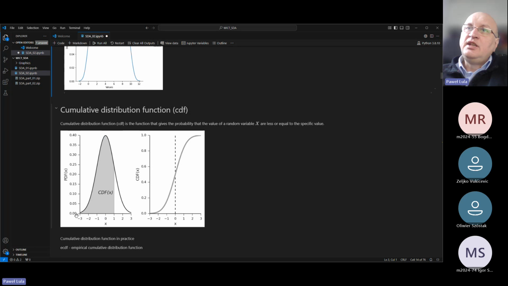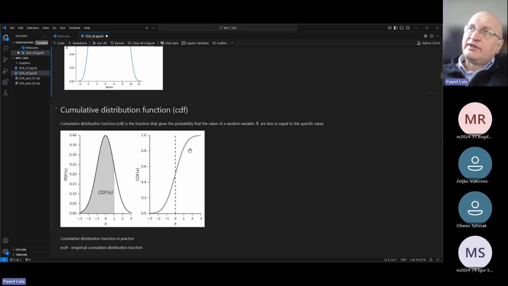And here we see on this picture the probability density function. And this shape which is similar to the letter S is a cumulative distribution function.